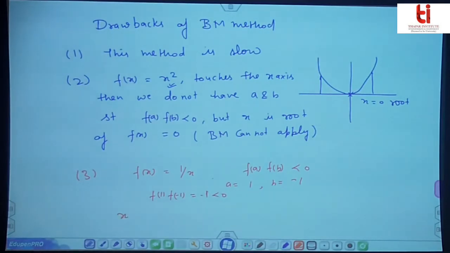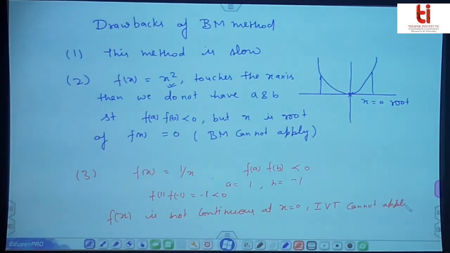But the function f(x) is not continuous at x equal to 0, so IVT cannot apply.